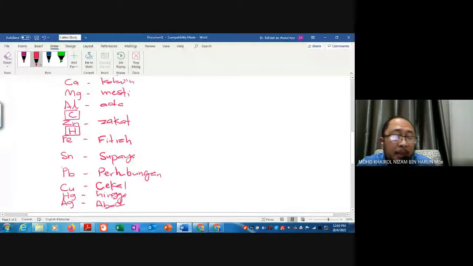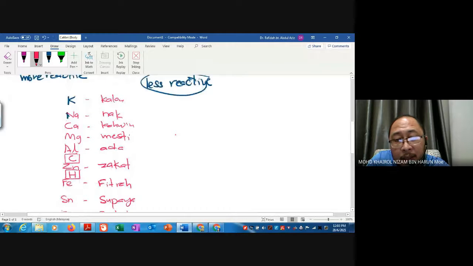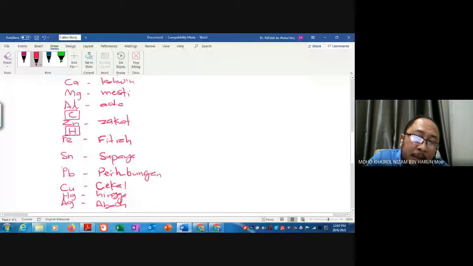Okay, that is my own sentence to remember the sequence of this reactivity series of metals. So kalau nak kahwin mesti ada zakat fitrah supaya perhubungan cekal hingga abadi.